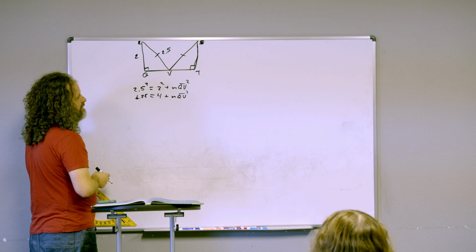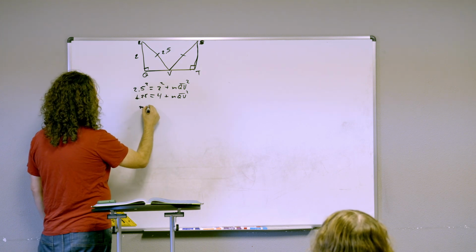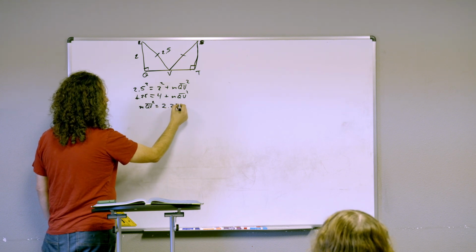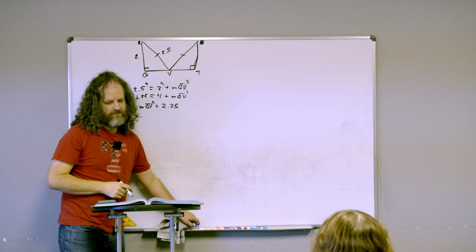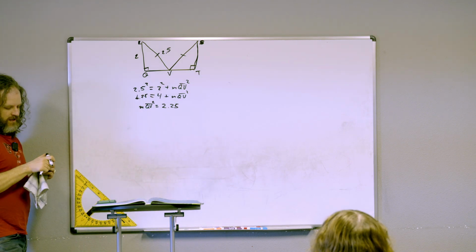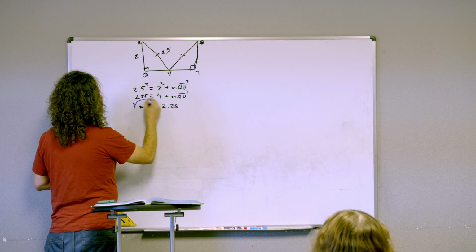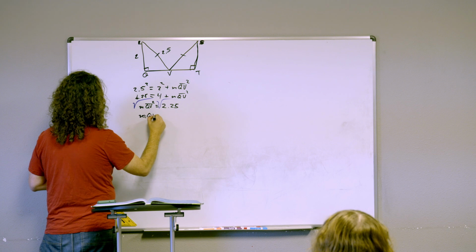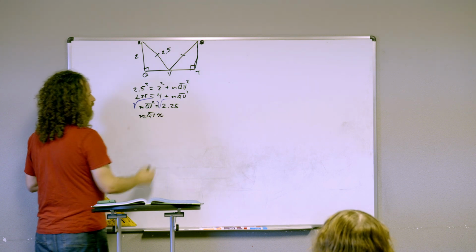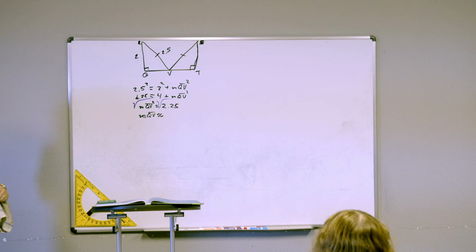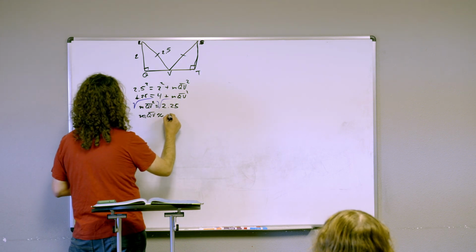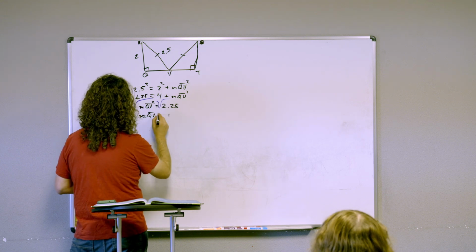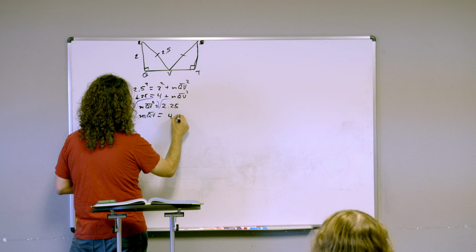What's 2.5 squared? 6.25. 2.5 plus 2.5 is 5, but squared it's not. Now what would I do? Subtract, and I would end up with the measure of QV squared equals 2.25. Then what would I do? Yeah, square root both sides. And I end up with the measure of QV is equal to what? 1.5.